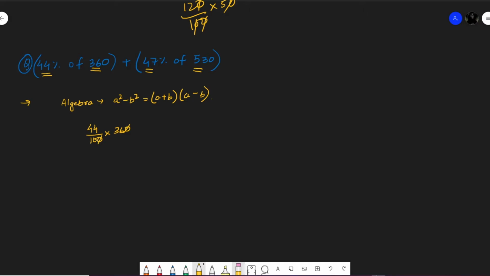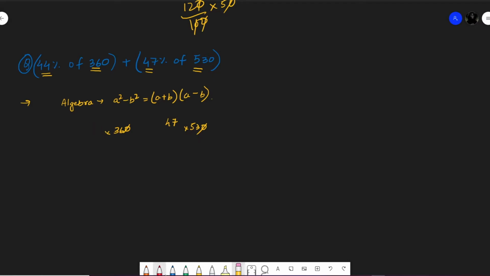We cut this and get 44 into, we leave the 10, and here also we get 47 by 100 into 530. We cut this and we leave the 10. Suppose there is no 10. We will get this 10 back in the later part. First we suppose that there is no 10, so we just rub it out.